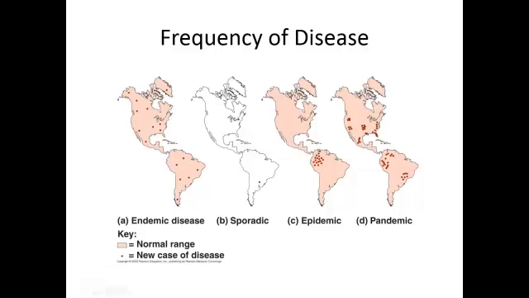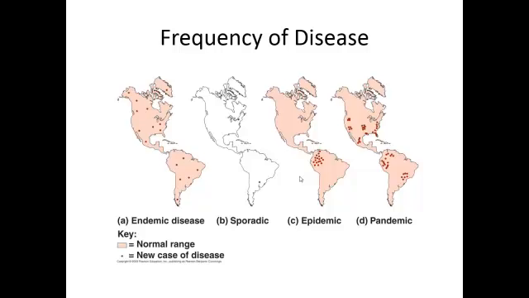Now, if something goes above what is normal for endemic disease, it's considered an epidemic. So an example of that would be influenza. A couple of years ago when the swine flu, H1N1, broke out, it was above normal levels.